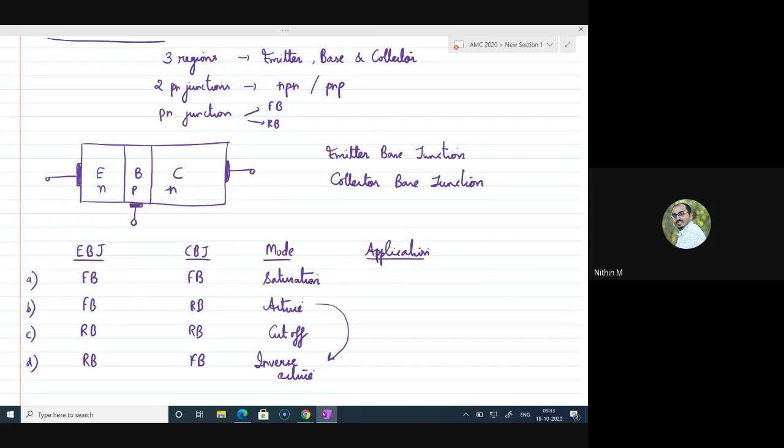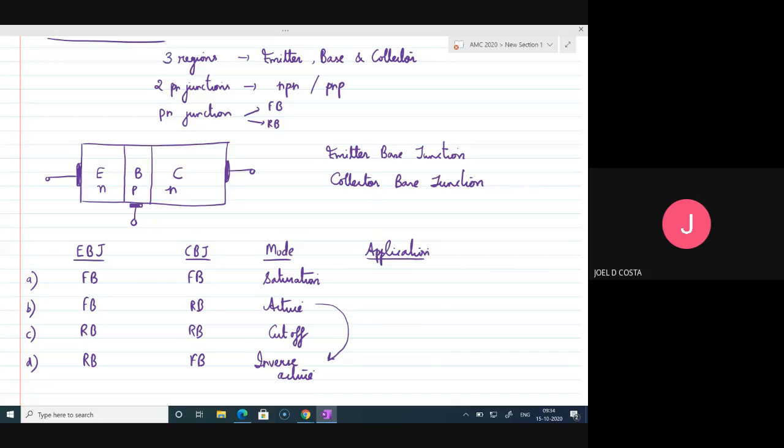All right, I think there is some disturbance there. All right, Joel. Yes, Joel. Can you identify the different regions and the way we can use it? In cutoff region, we can use it as a switch. When you say switch, is it an open switch or a closed switch?